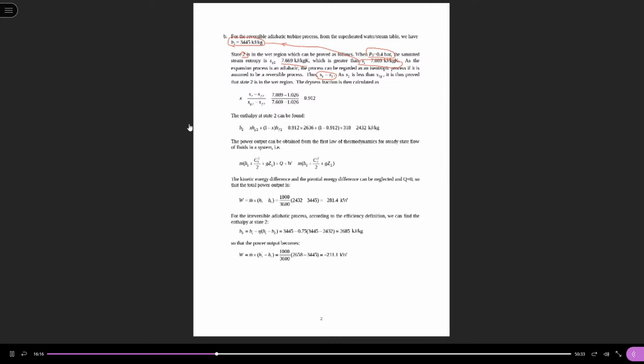We can find from the table at 0.4 bar the entropy for saturated vapor. Because this one is greater, therefore we know it's in the wet region.